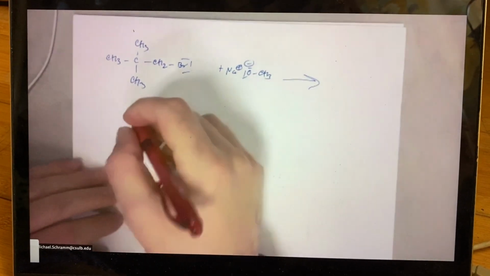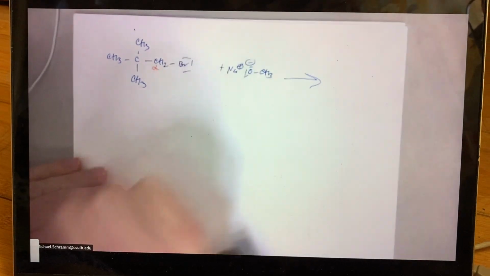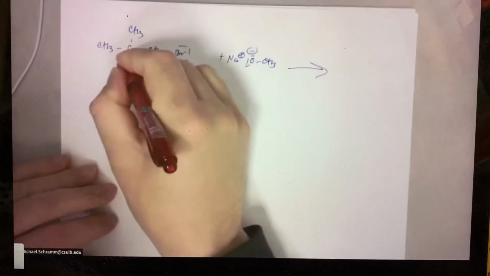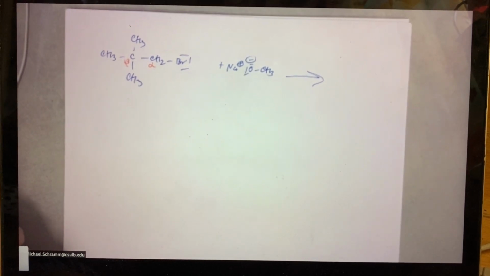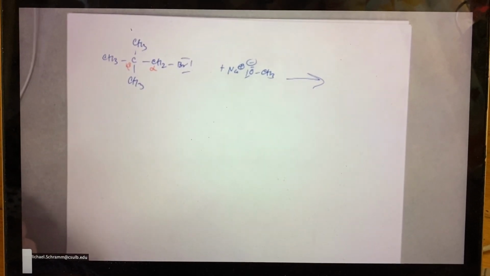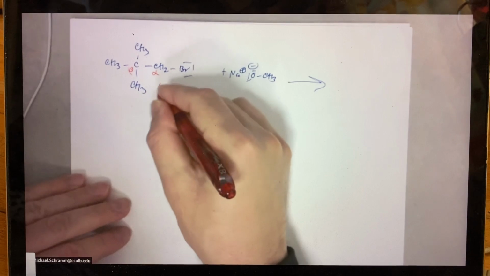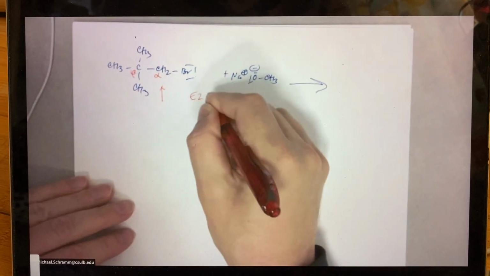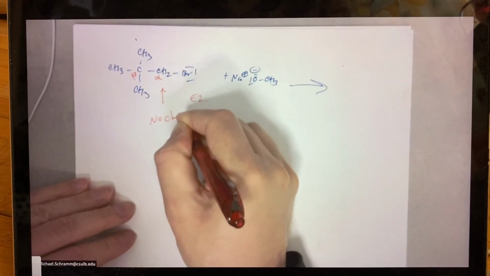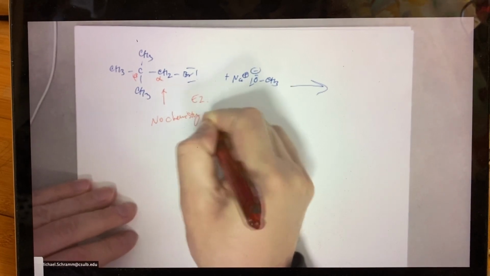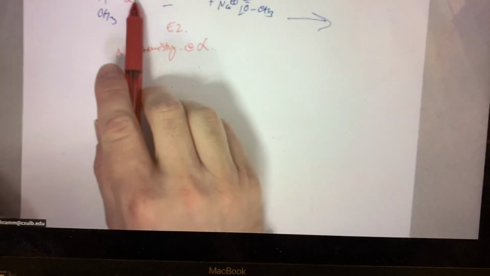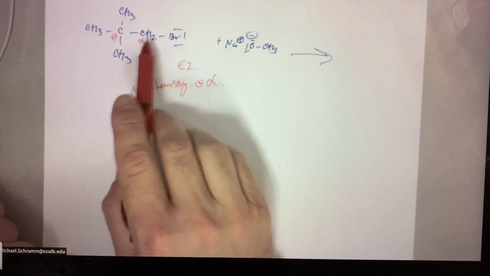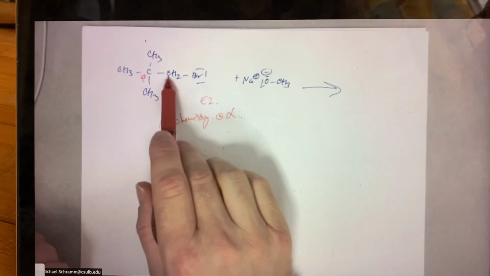When I approach this type of molecule, I just start labeling things alpha. There's only 1 beta carbon here. In the E2 reaction, there is no chemistry at alpha. It doesn't do an acid-base reaction here. That just would never work. If you did that, there's no way to get the leaving group to leave. There'd be negative charge on carbon.